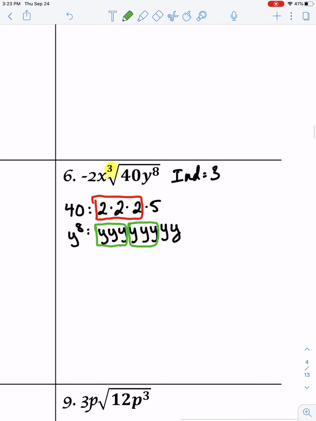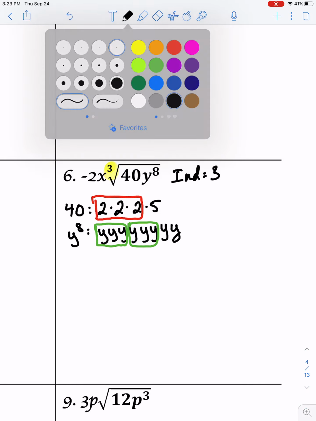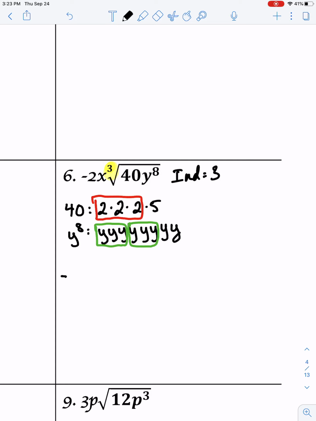Instead of writing this again, I'm going to skip a step. So I'm going to have negative 2 times one group of 2s, times x, times one of the y's, and then I also have another y.